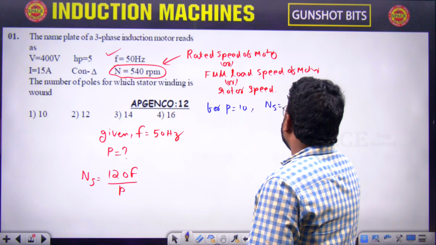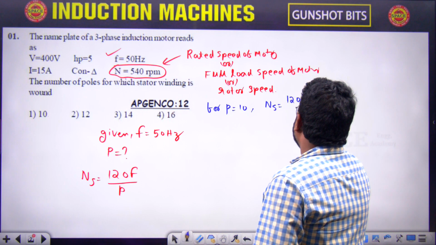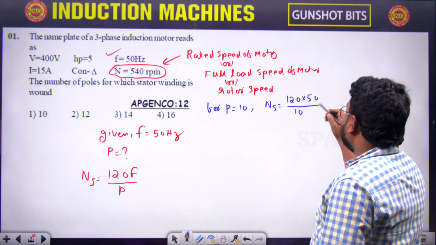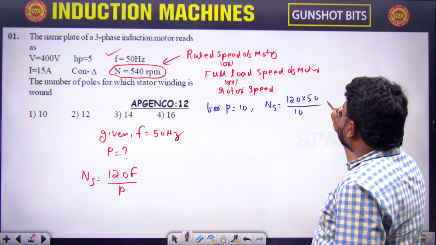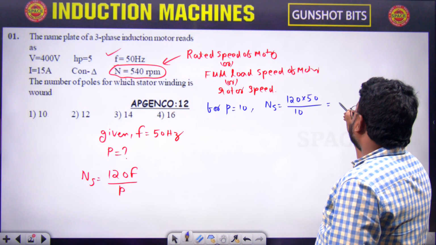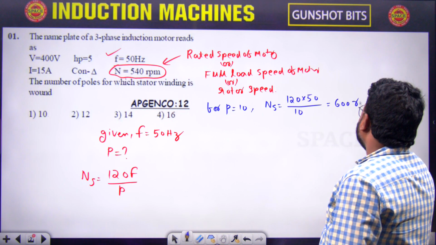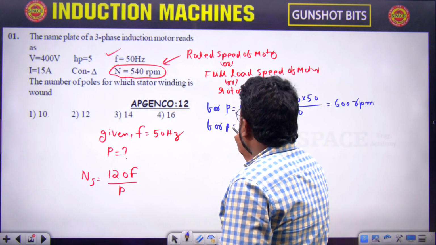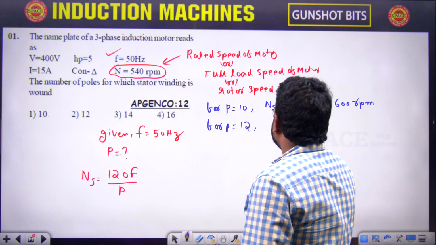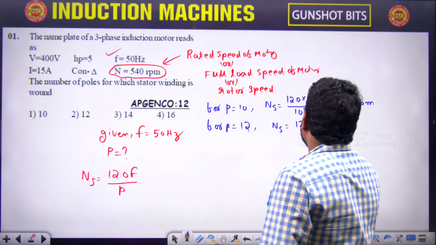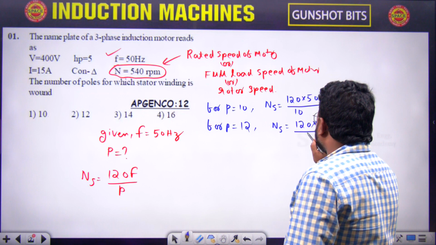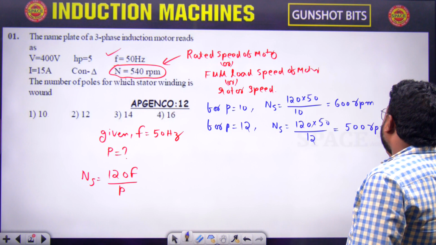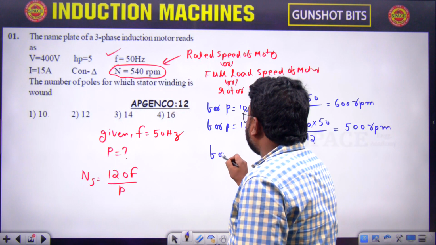Ns is equal to 120 into frequency 50 divided by the number of poles 10, which is equal to 600 rpm. Next, for P equal to 12, Ns is equal to 120 into 50 divided by 12, which is equal to 500 rpm.